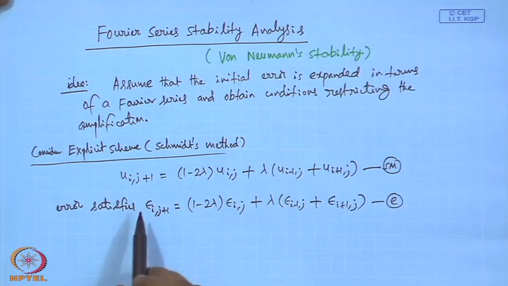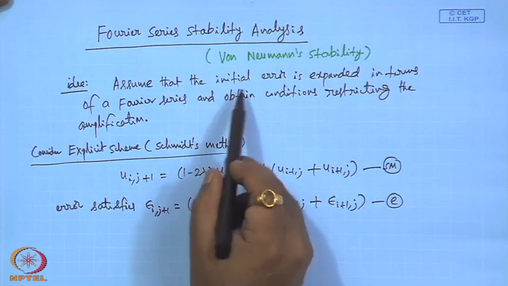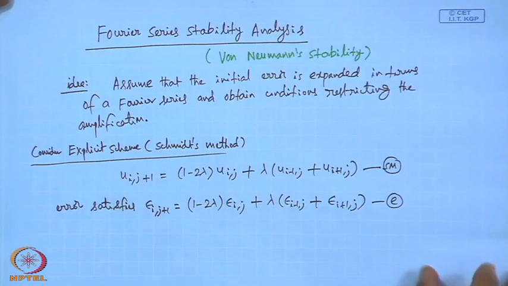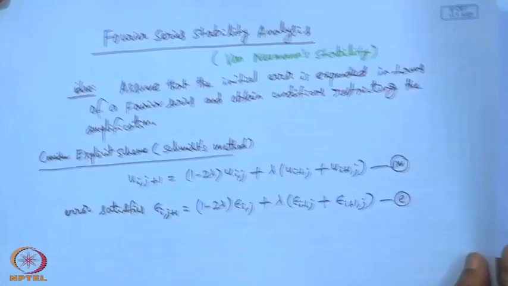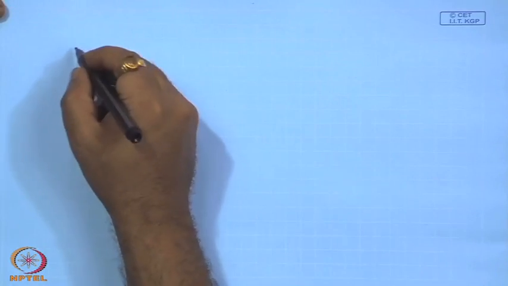Now, as I suggested, we have to assume the initial error in terms of a Fourier series. Okay. In order to do that, let us see a couple of things.